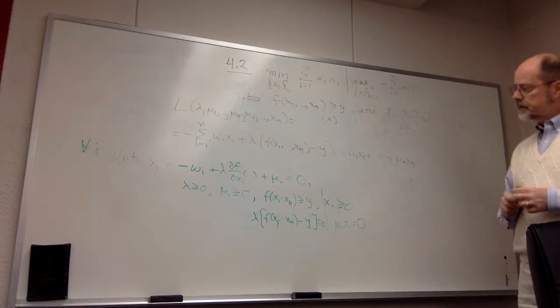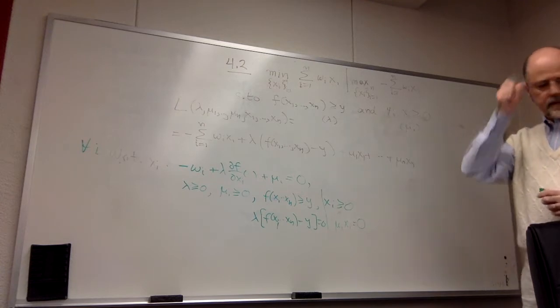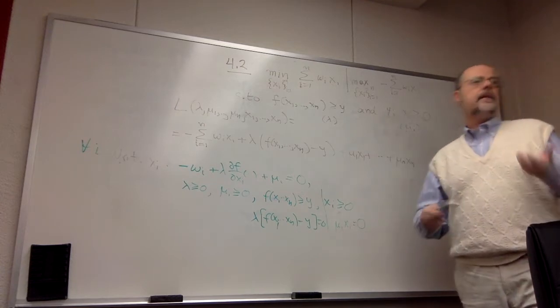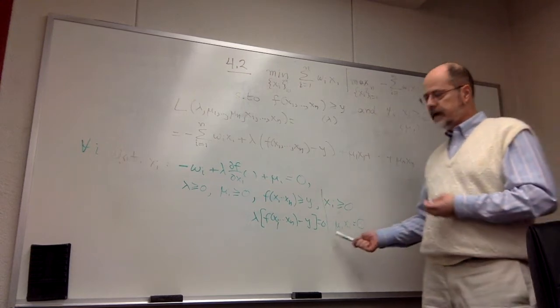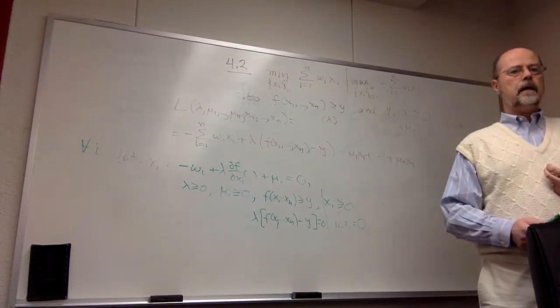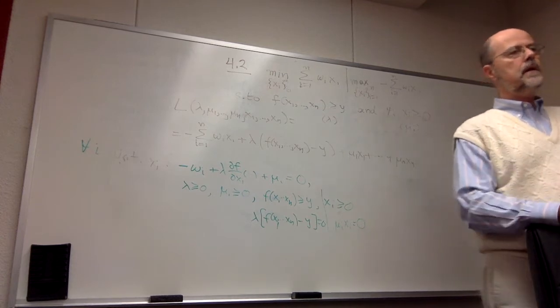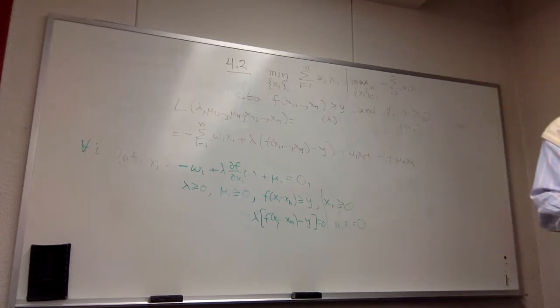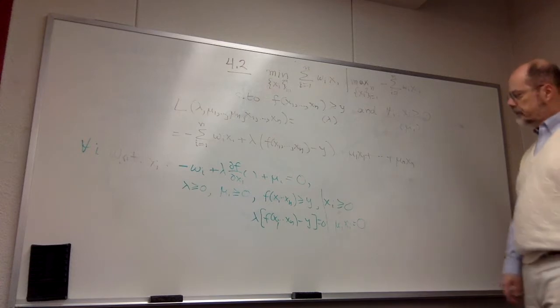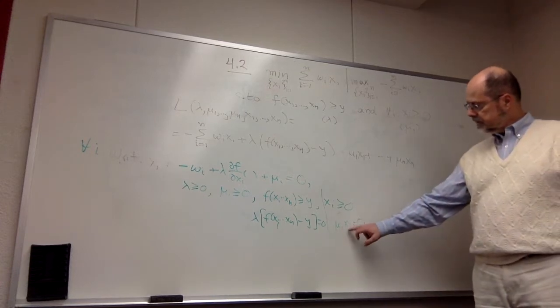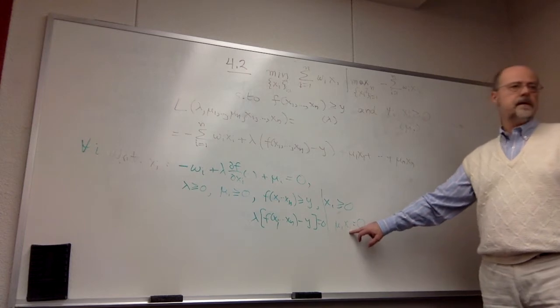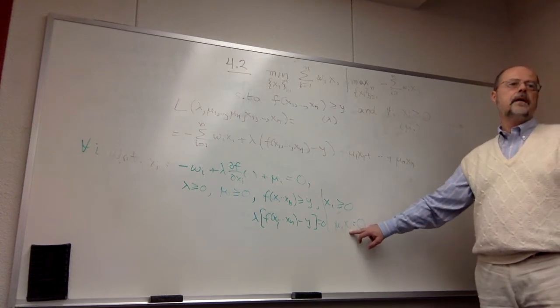Now again, what is the interpretation of the complementary slackness conditions? You interpret them best by remembering that the multiplier tells you how much your objective function will be improved if the constraint is relaxed a little bit. So each complementary slackness condition says the following. Suppose that you've decided that one of the xi's optimally needs to be positive.